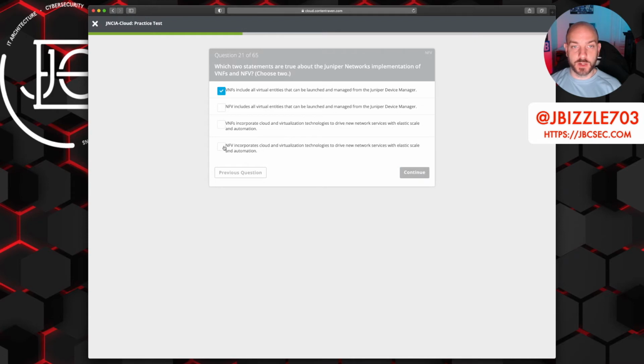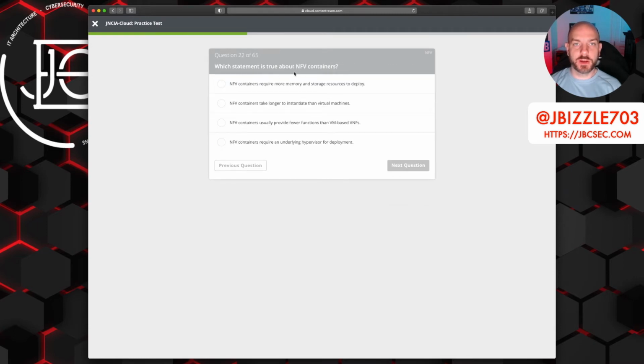NFV incorporates cloud and virtualization technologies to drive the network service. Yeah, so the main difference here is one is a framework and the other is the actual virtualized devices.